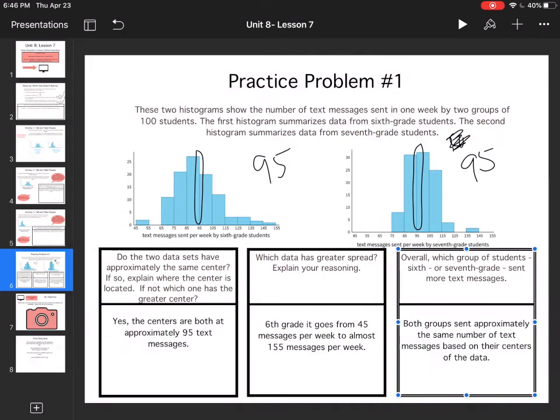When you're looking at a center, that tells you where about the middle is. So even though they had a greater spread in 6th grade, when you add it all up, it's probably about the same.